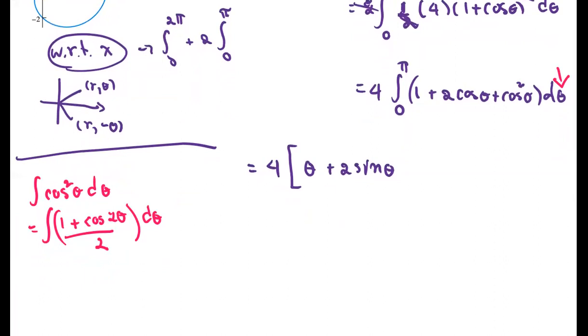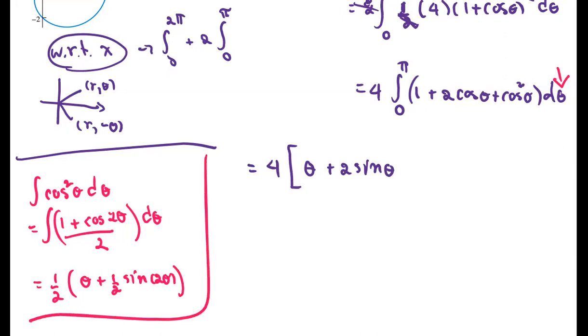Now we have it in this form, then we can find the antiderivative, which is theta plus 1/2 times sine of 2 theta. On the side here, we got the last piece done and put them all together to have 1/2 theta plus 1 over 4 sine of 2 theta.